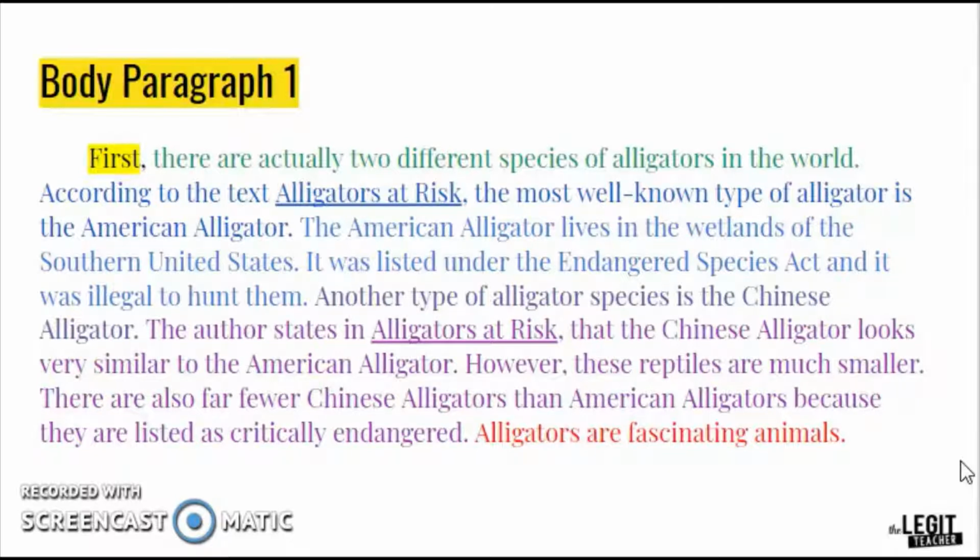Another type of alligator species is the Chinese alligator. The author states in Alligators at Risk that the Chinese alligator looks very similar to the American alligator. However, these reptiles are much smaller. There are also far fewer Chinese alligators than American alligators because they are listed as critically endangered. Alligators are fascinating animals.